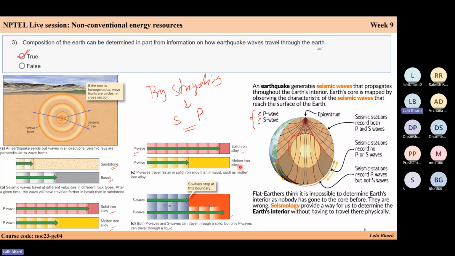At different places, it may vary depending upon the structure of Earth's interior. So the question says, composition of the Earth can be determined in part from information on how earthquake waves travel through the Earth. Yes, these are the earthquake waves, and they travel, and you get to know the composition of Earth. So this statement is true.